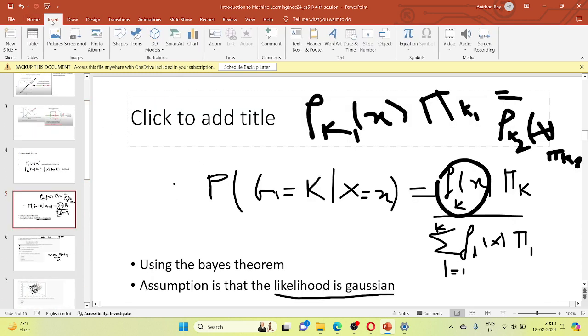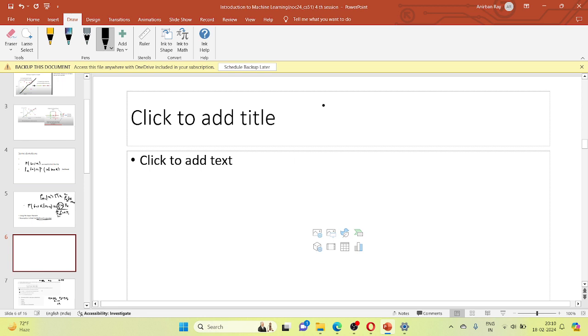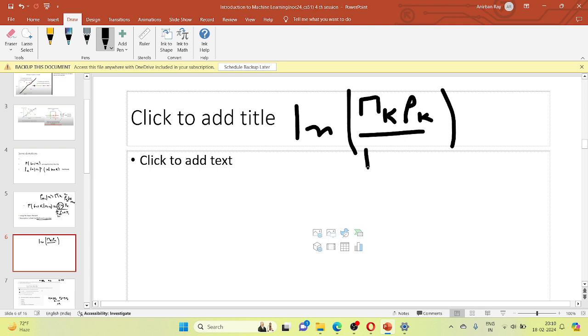So let's go to another slide. Our discriminant will be pi_k multiplied by f_k, and for the other class it will be pi_k' f_k'.